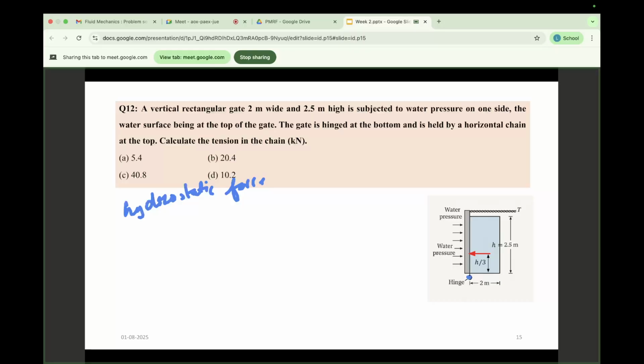The hydrostatic force is the force experienced by the solid surface due to the static fluid. So this is our solid surface, and this is the water, the liquid. The force that the water applies on this wall is known as hydrostatic force. I represent it as F.